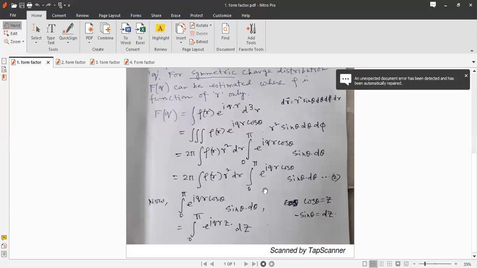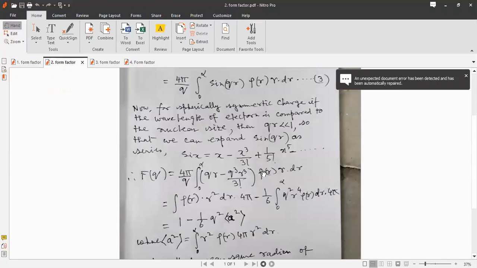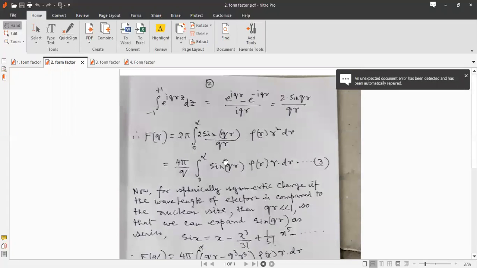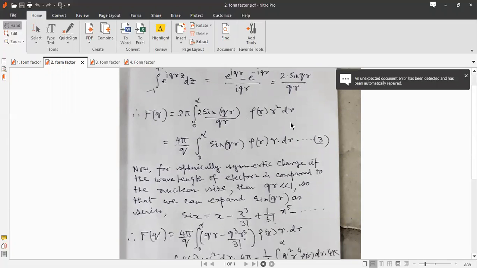In the subsequent steps, we have just made some substitution to perform this integration, which is very easy as it is written here.